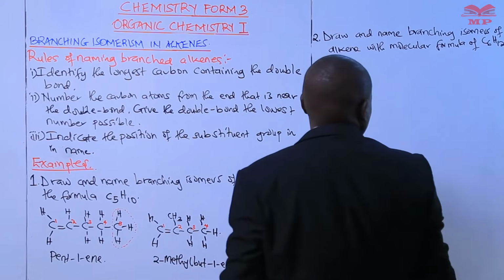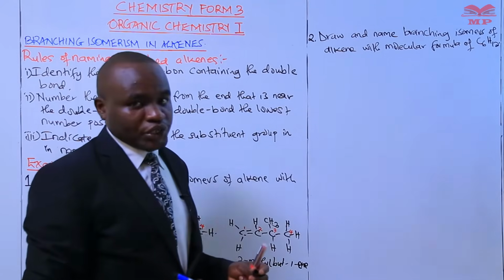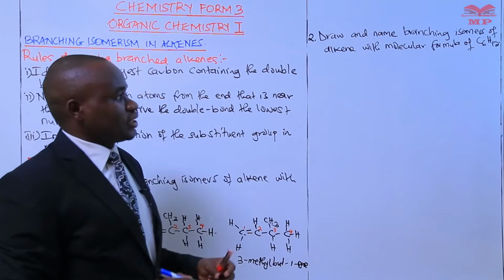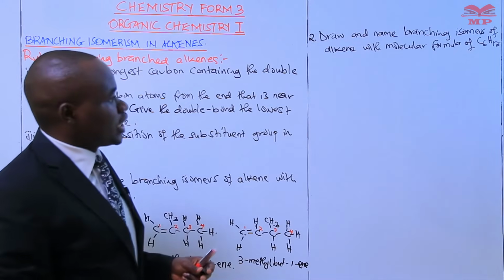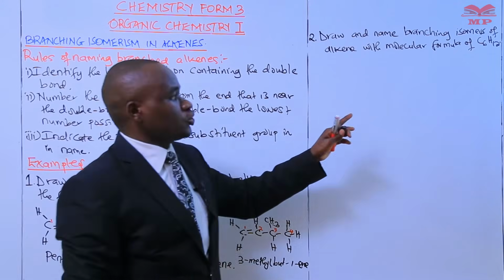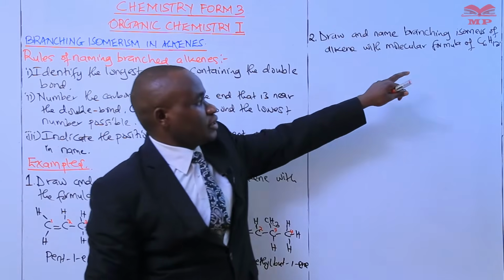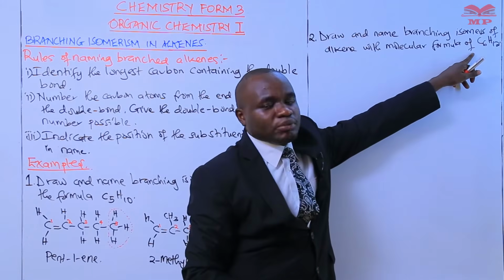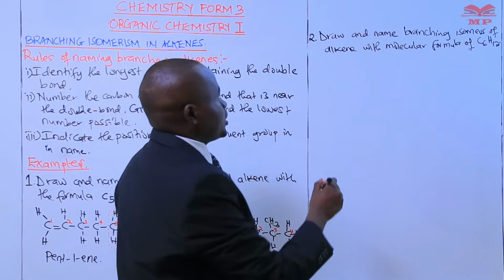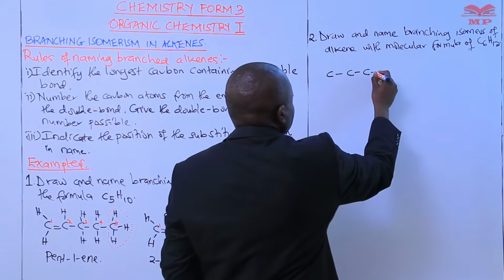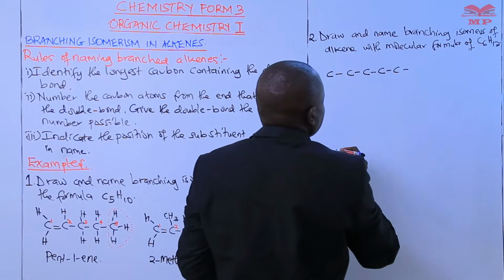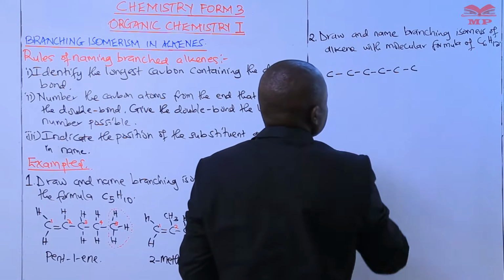So let us see how many isomers we can come up with from that molecular formula. So the first thing you do, my dear learner, is you first of all draw that alkane that has the 6 carbon atoms and the 12 hydrogen atoms as follows. So we shall draw the 6 carbon atoms like that. So those are 5 and then 6.